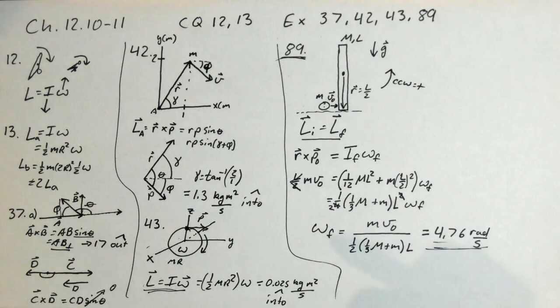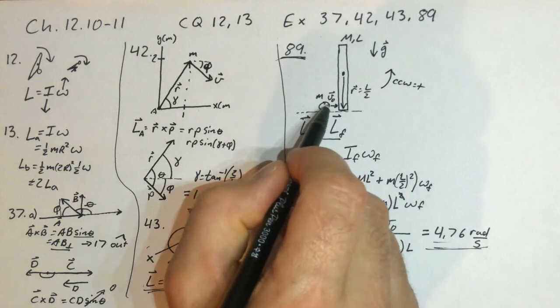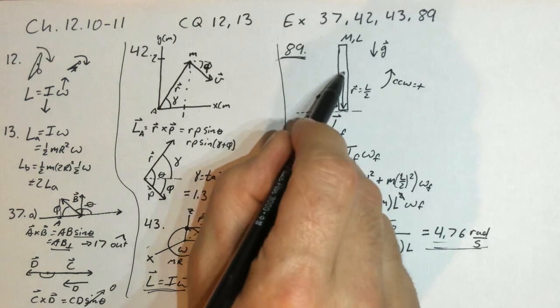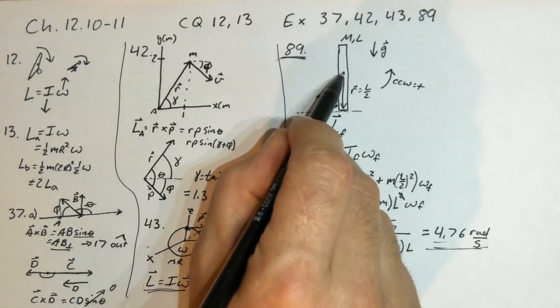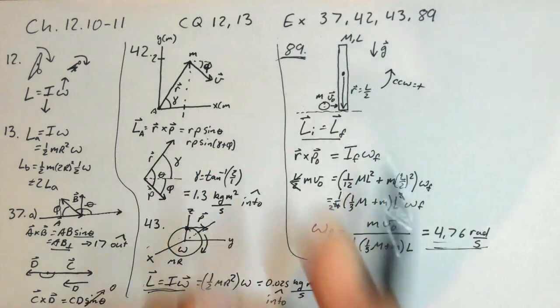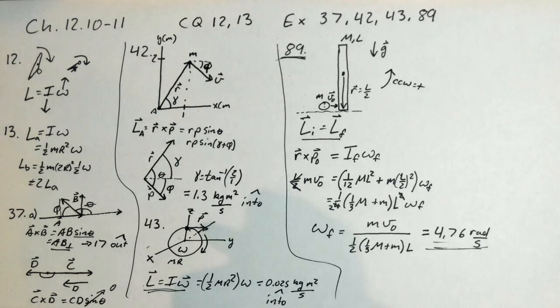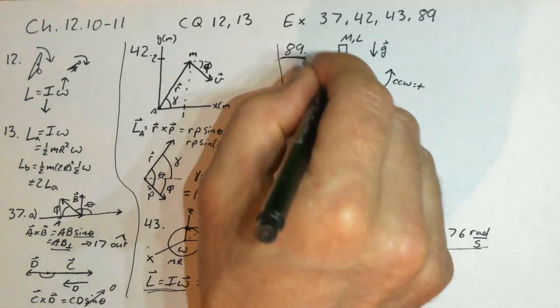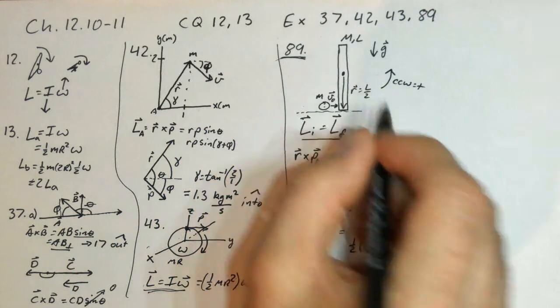So we can have a K rotational that gets turned into an mgh. That mgh is only for the point mass, because the center of mass of the rod is about its pivot point, so it's not changing. The center of mass stays there for the rod, so only this mass goes through a height h.